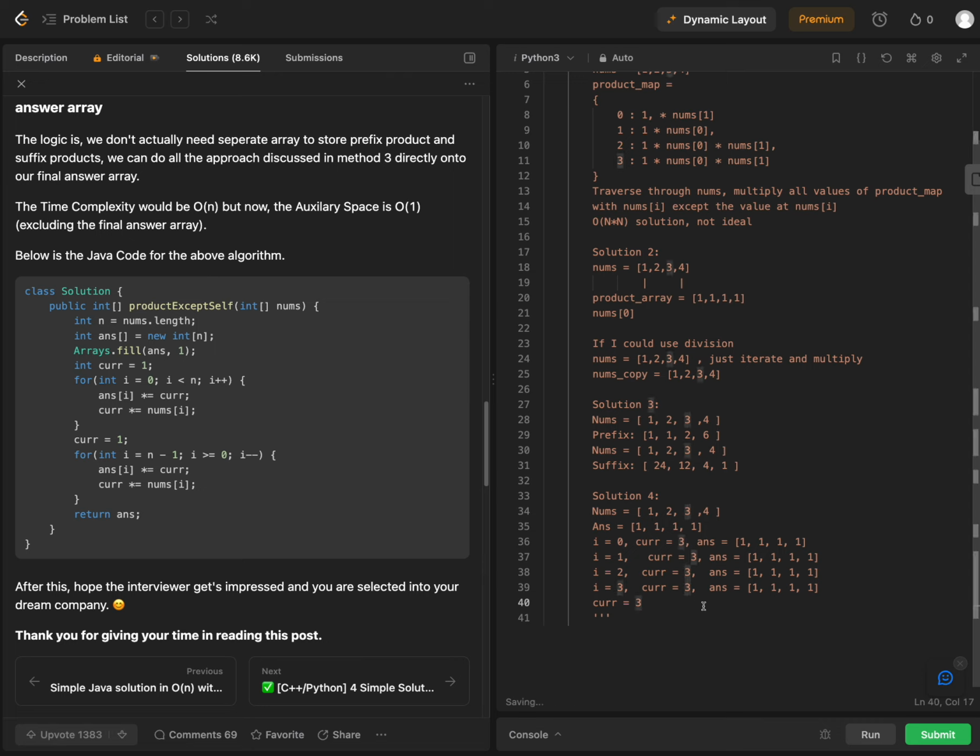Okay, let's do some manual tracing. So when we look at I equals to 0, okay, current equals to 1, right? So your answer at index 0, you multiply by current, nothing happens, right? Multiply by this, nothing happens. And then your current will multiply by nums I, which is this, nothing happens, right?